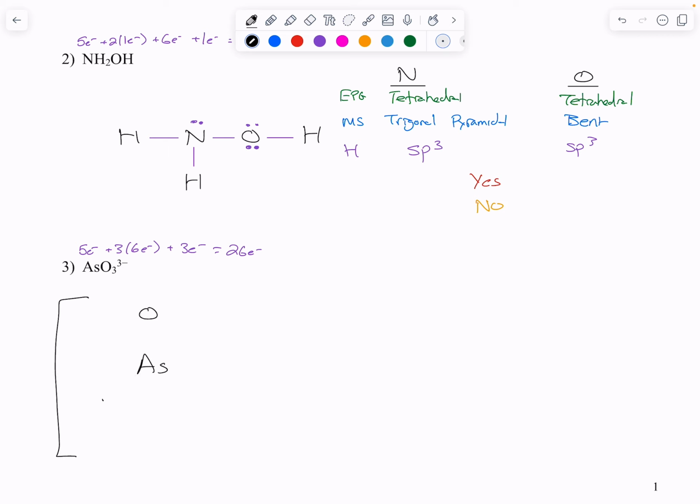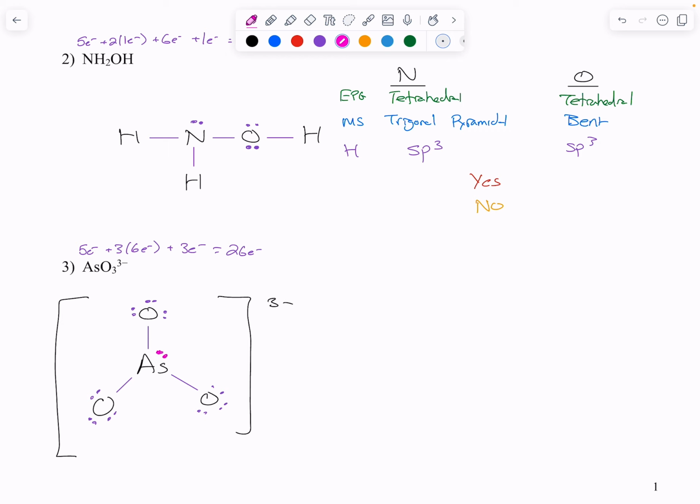Let's try that. Let's see how this works. 2, 4, 6, 8, 10, 12, 14, 16, 18, 20, 22, 24. I'm going to use a different color. 26. So arsenic has a lone pair.